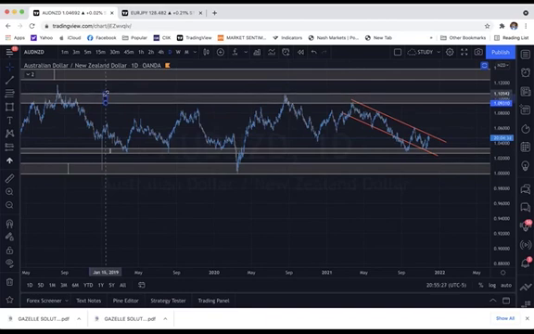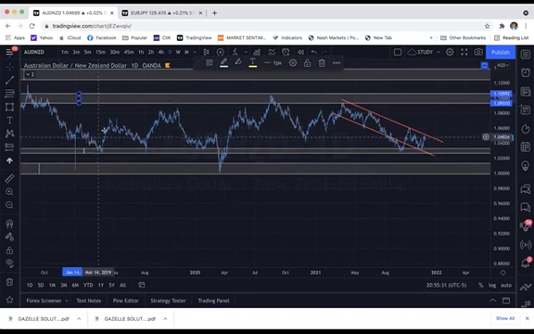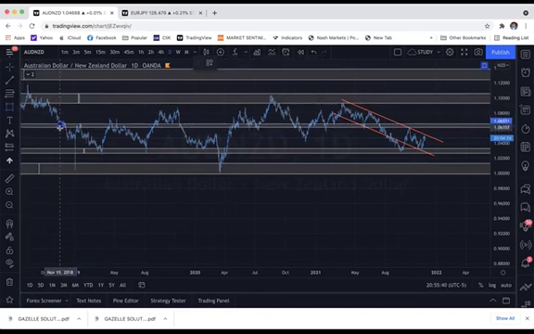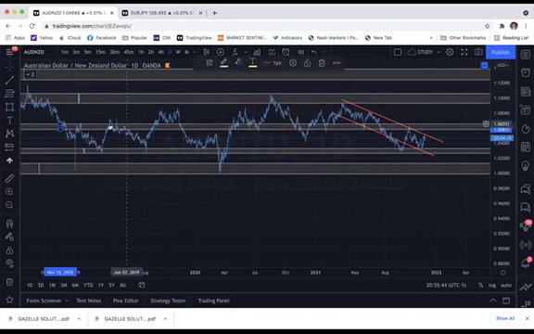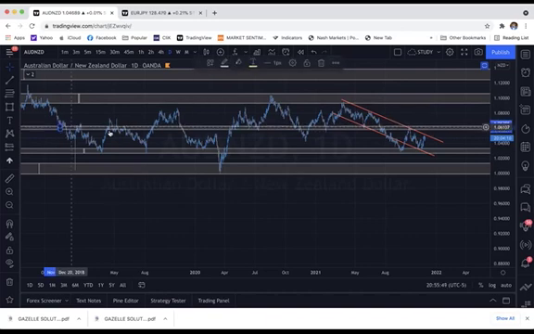Y'all see that? All right, I see another one kind of right here in the middle. You see that? It's really thin. It's not very major. These are the little minor levels, but price still has been respecting them.